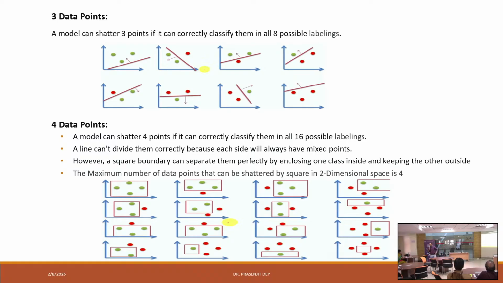So VC dimension is like a strict bound, and the model is more complex, where if 4 data points are there, it is asking that you have to use a square, you cannot use a line. However, in the real world, you may not need to come up with a classifier with this kind of strong decision boundary like a square or complex decision boundaries. You can still go with a simpler decision boundary, lines.